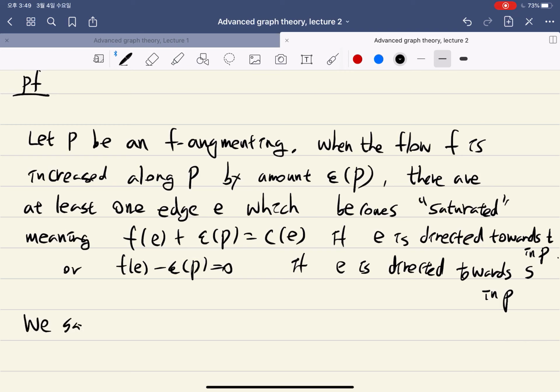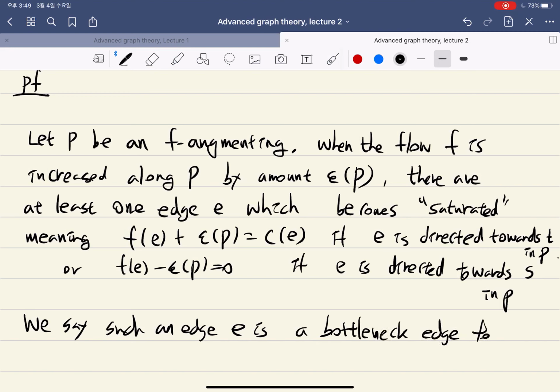We say such an edge E is a bottleneck edge for P.